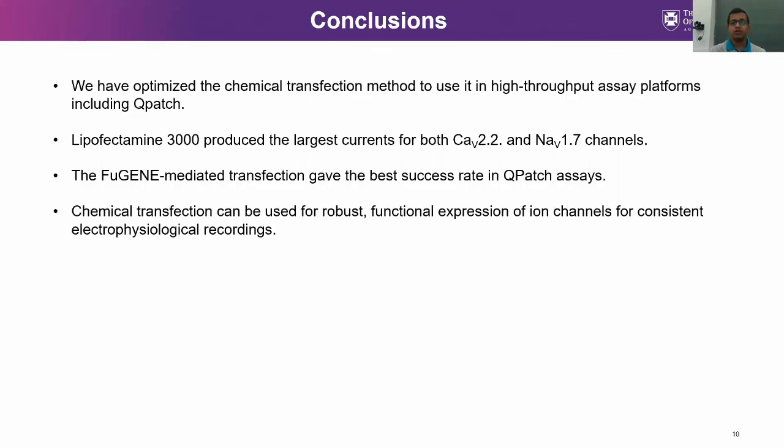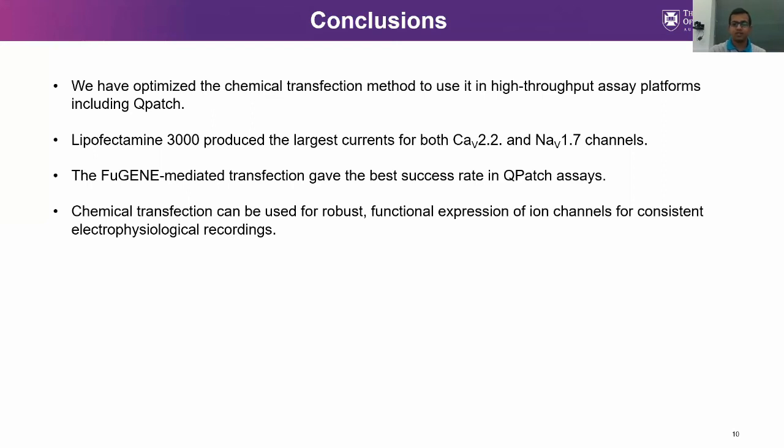To conclude, I want to say that we have optimized the chemical transfection method for transient expression of voltage-gated ion channels and used it in high-throughput assay platforms, including QPatch. When transfection and whole cell formation were achieved, Lipofectamine 3000 produced the largest current for both CaV2.2 and NaV1.7 channels.